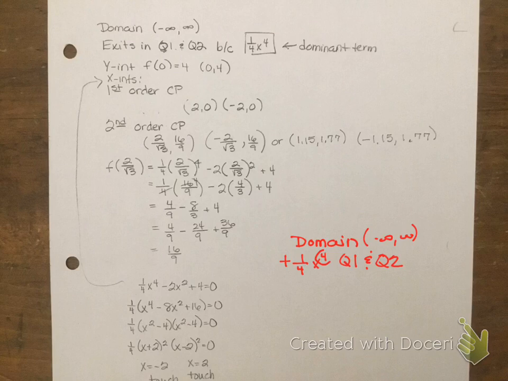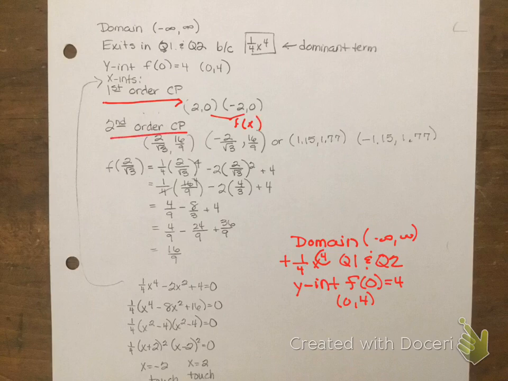I can find my y-intercept very easily by plugging in 0 for x, and when I do that, I get out a 4. Again, I don't feel like finding the x-intercepts. Please remember that you had first order critical points of 2, 0 and -2, 0. I found the y values by plugging these two into my original function, not the derivative.